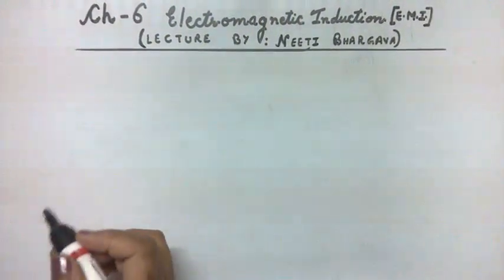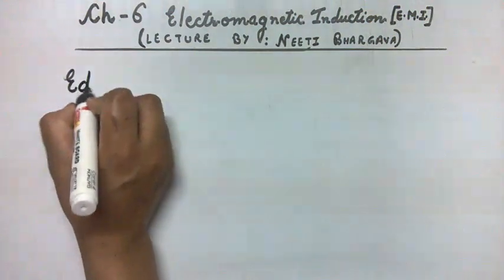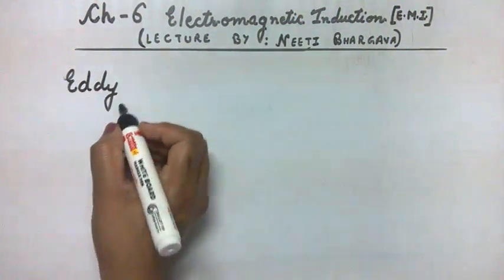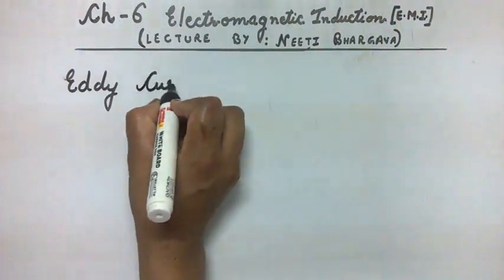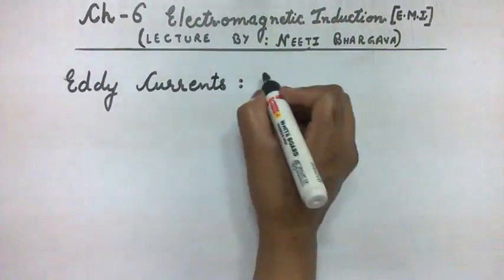In continuation of our previous topic, that is eddy currents, now let's study how we can minimize it, as well as what are its disadvantages and what are those applications in which we use it as an advantage. So let's first study how we can minimize eddy currents.